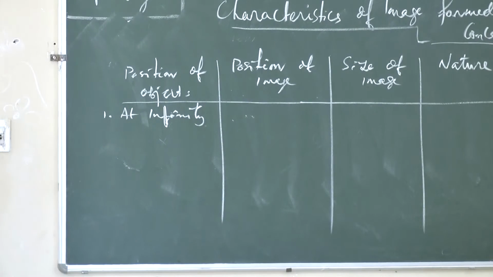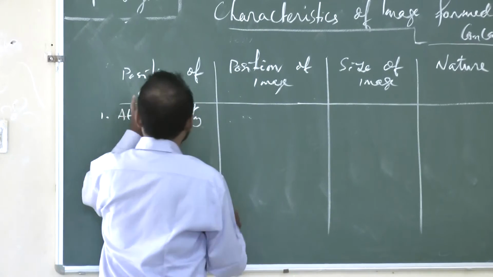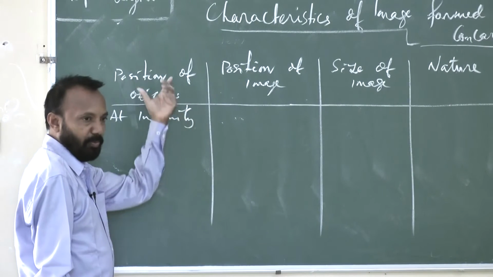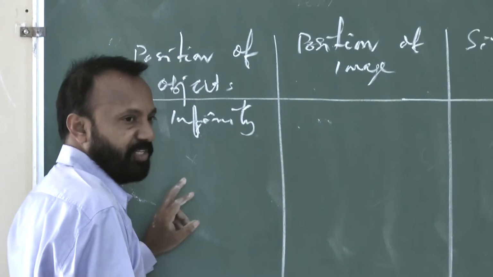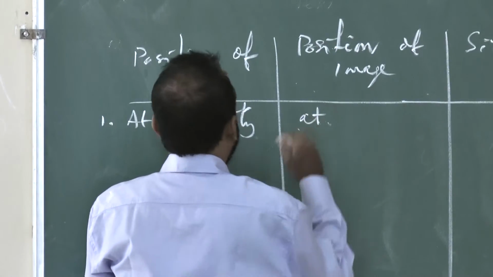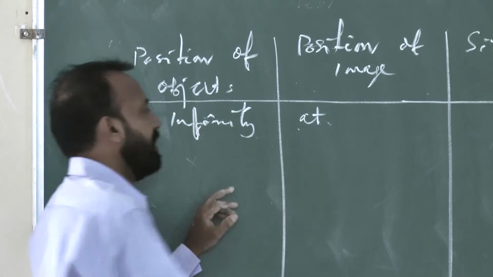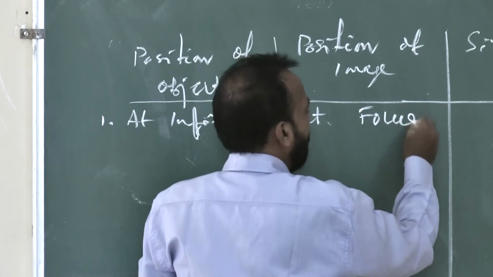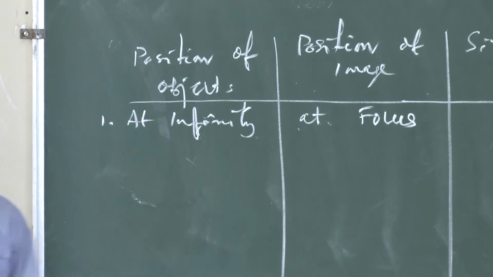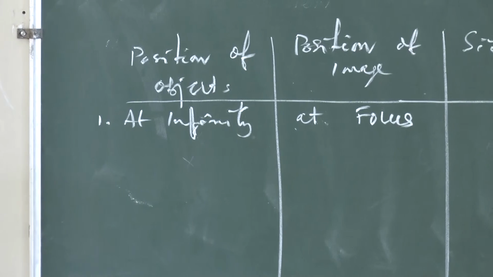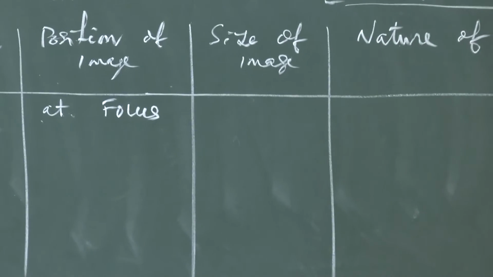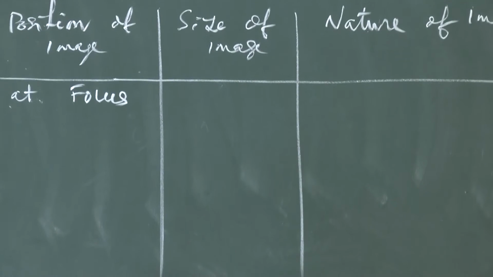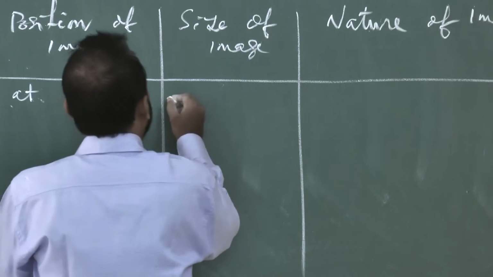Okay, please tell me one after one. If the position of the object is at infinity, where will the image form? Yes, very good. Like this, you support me, focus. What will be the size of the image? Highly diminished, extremely small.